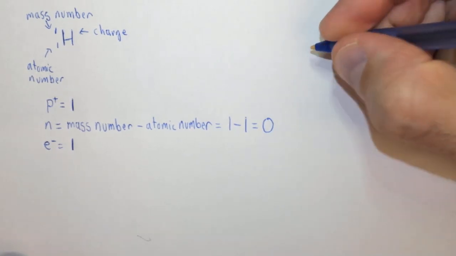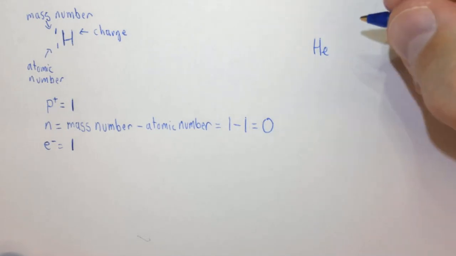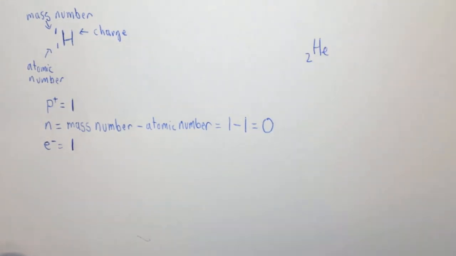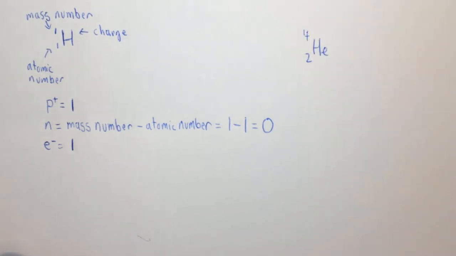Let's look at helium. This helium has an atomic number of 2, always, because it has to have 2 protons to be called helium, and this helium has a mass number of 4. In a few minutes, we'll talk about isotopes, which are examples of atoms with different mass numbers.